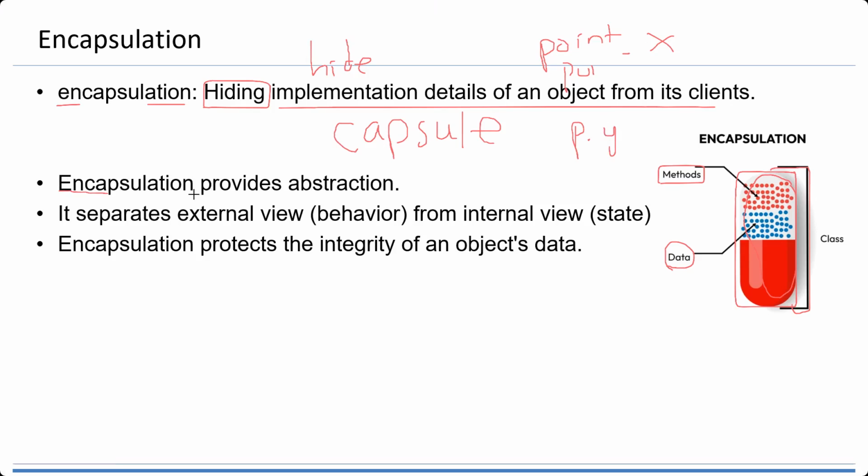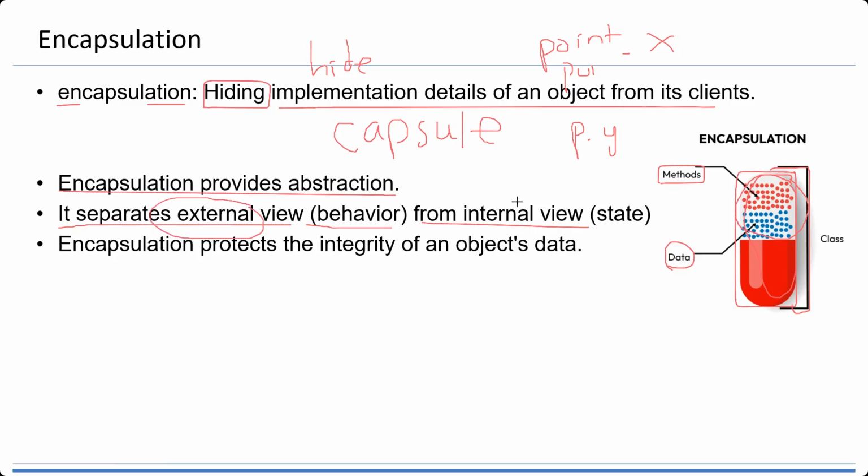So encapsulation provides abstraction. Abstraction means you can get only the important parts of the class. What you want to share, you can get it, but some of them can be private. So it separates the external view or the behavior from the internal view.